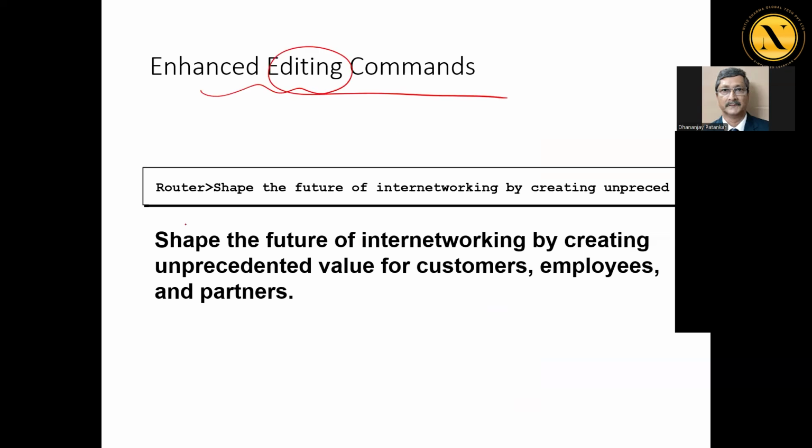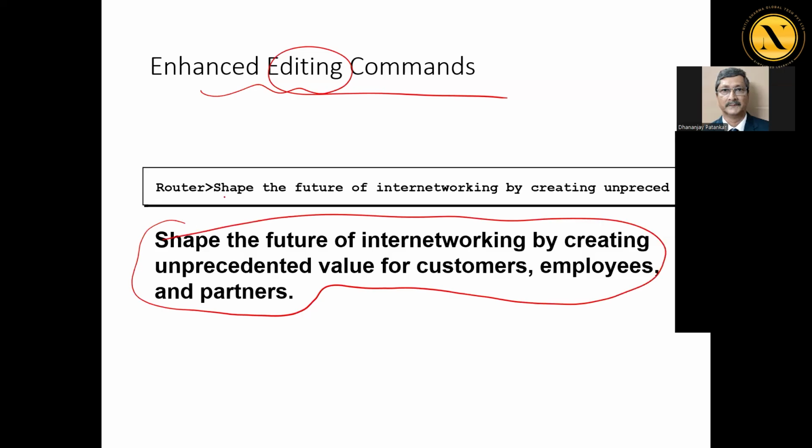And then enhanced editing commands, right? Supposing I'm typing something like this: Jack and Jill went up the hill to fetch a pail of water. So what happens is I start here and keep typing a long line.